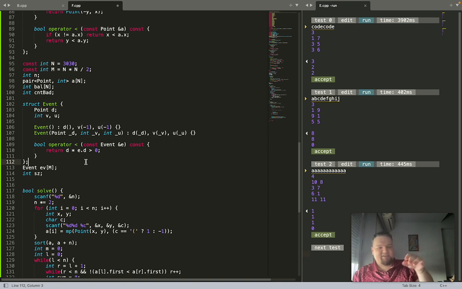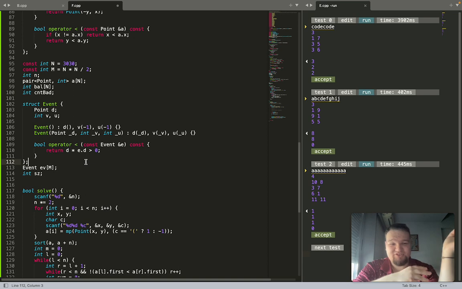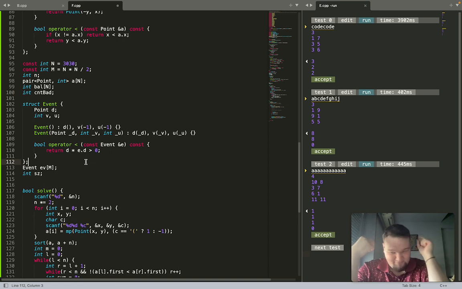But anyway, for a pair of points, I can create an event. But at that point, I don't know what will be their relative positions in the order. I mean, the relative positions I know, but I don't know on which positions they will be in the current order. That's the problem we are trying to solve, basically. So I will store their IDs. But then when I want to swap them, I need to know where they are in the order.